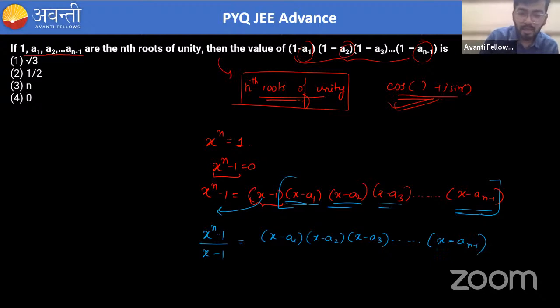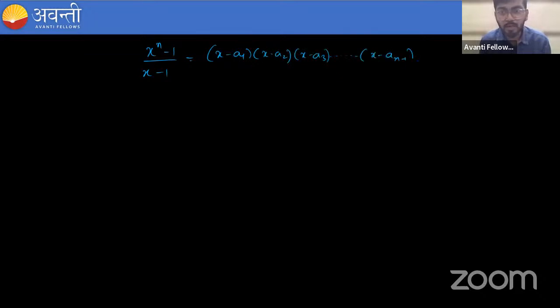Right, guys? Now I'll be solving this other part in the next slide. So let me write it down again. This came out to be x minus a1 into x minus a2 into x minus a3 up to x minus a n minus 1, right?